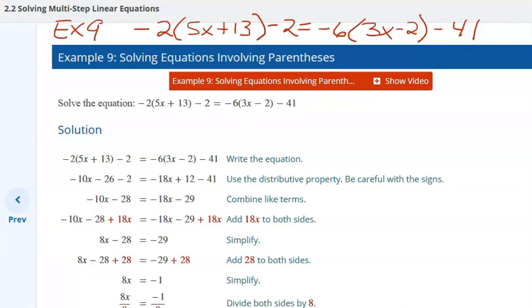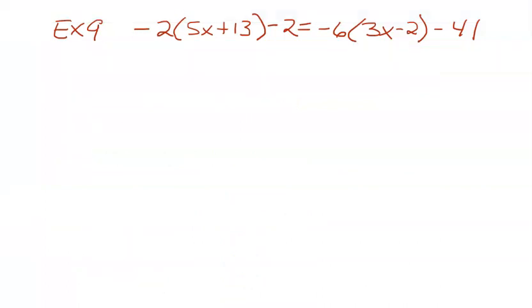Moving on to example 9, and you see there are no fractions, but there are grouping symbols. So our protocol is to get rid of the grouping symbols.